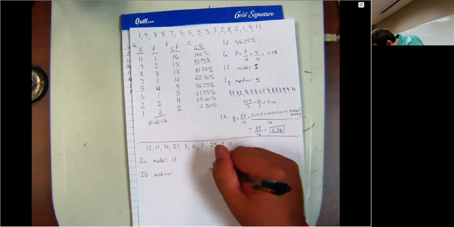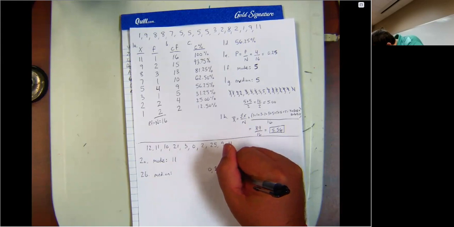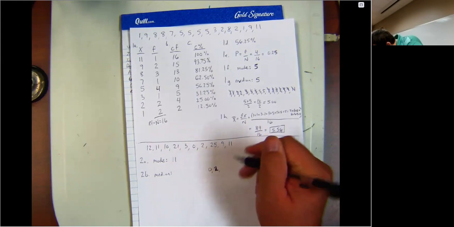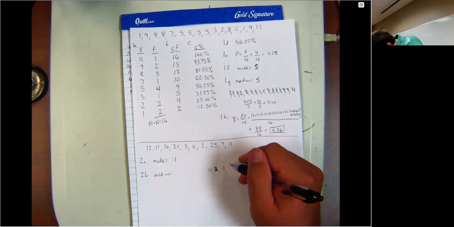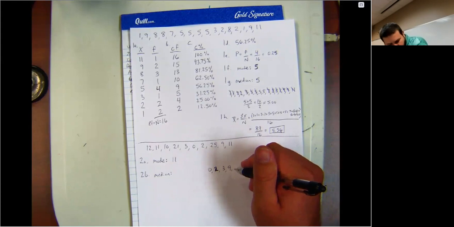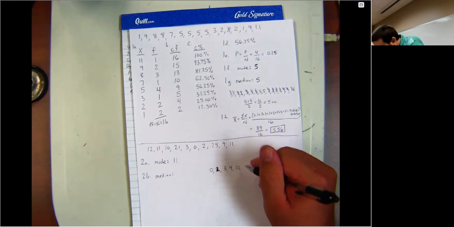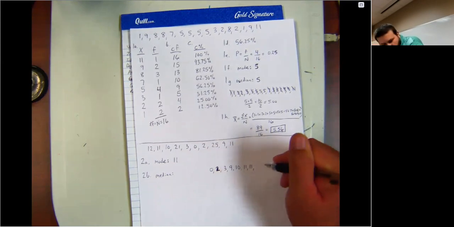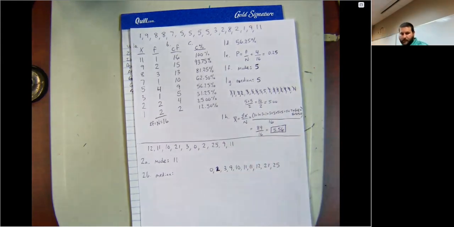I'm just going to go low to high again: 0, 2, 3, 9, 10, 11, 11, 12, 21, and 25. Okay, so we got all the data in there.